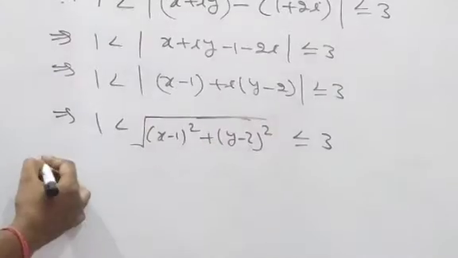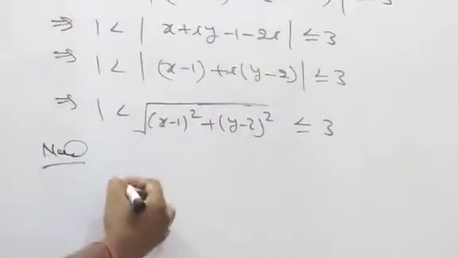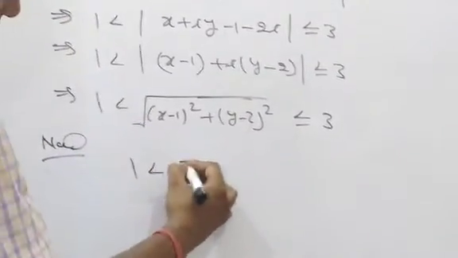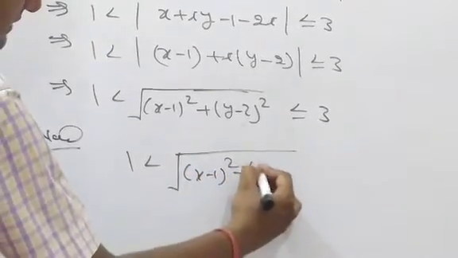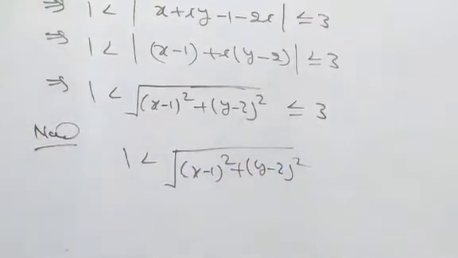Then now 1 is less than under root x minus 1 whole square plus y minus 2 whole square.